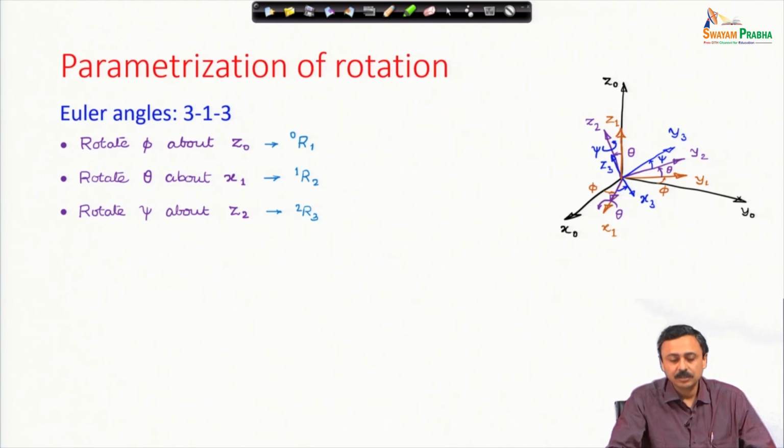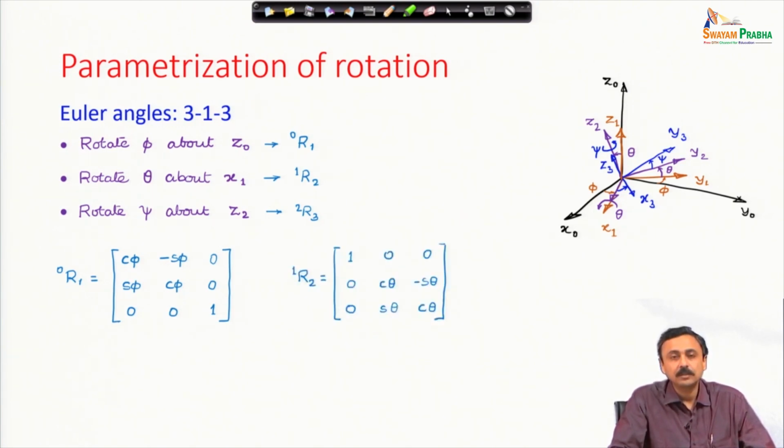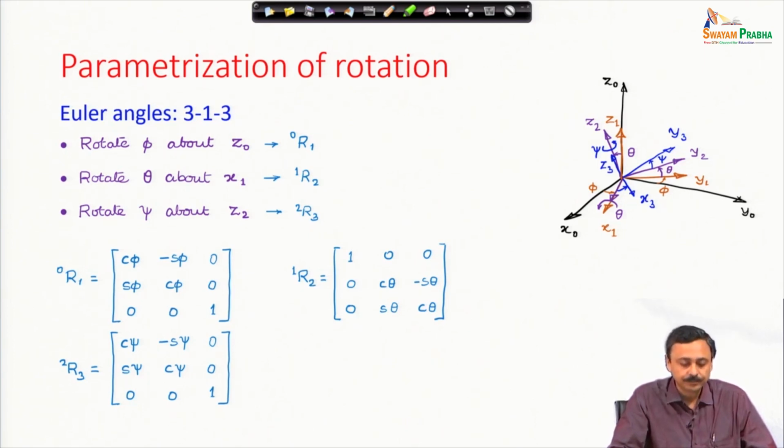The third rotation is about the new z, which is z2, by an angle psi, and we get the rotation matrix R from 3 to 2. By now, you should be conversant with how to construct these matrices. R 2 to 1 is a rotation about the x axis by an angle theta. R from 3 to 2 is a rotation about the new z2 axis by an angle psi.